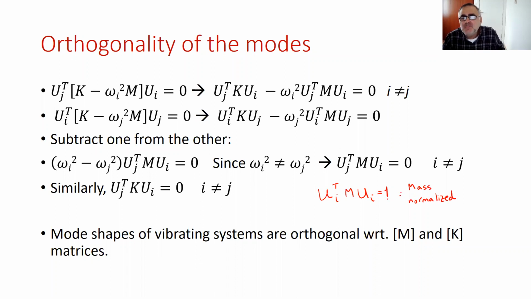They will just give you some number, but they won't be mass normalized. Now, this is an important property. Well, first of all, we will be using this property, the property of orthogonality of the modes. But mass normalization, although it is not essential, you can live without mass normalization of the mode shapes, gives you much cleaner, much nicer results in the modal analysis if you mass normalize your mode shapes.